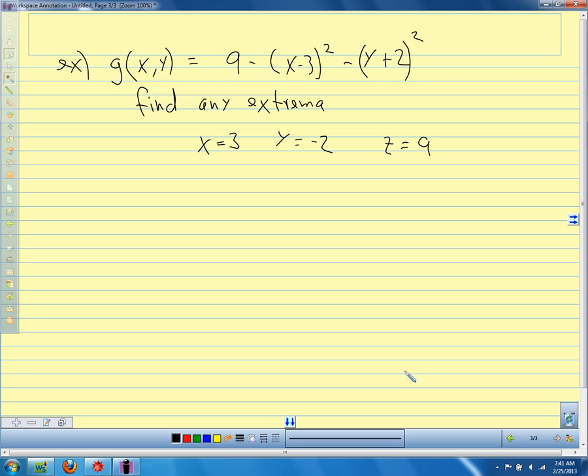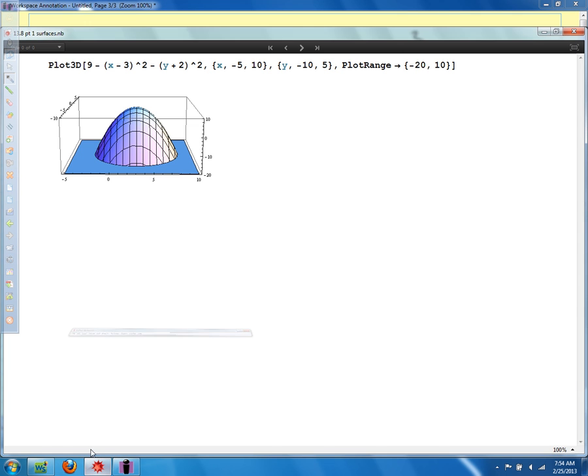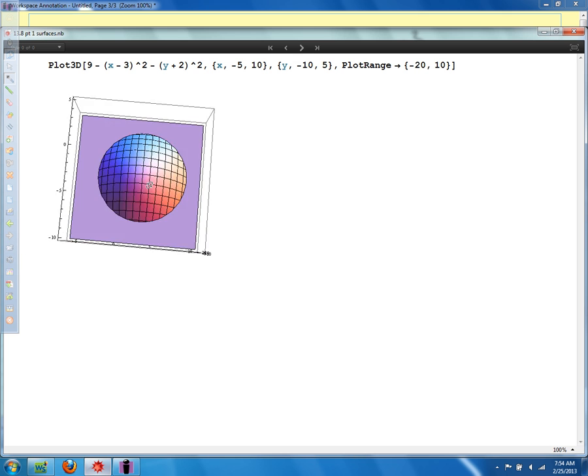So for this particular function, because we had an idea of what it looked like, we could find the extrema just by, like your book encouraged you to do a lot last year, being clever. And we could verify that by taking partial derivatives and setting them equal to 0. And we would get the same answer. And let me show you, I have pictures of this one. So there's our picture of our nice paraboloid.